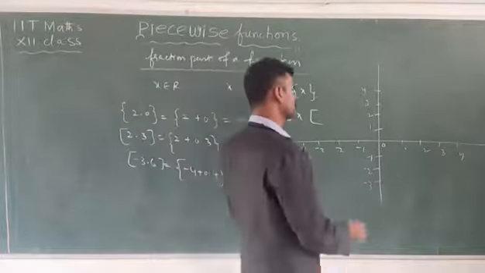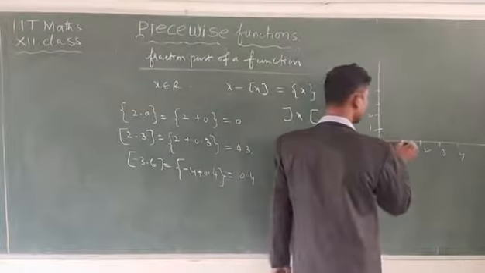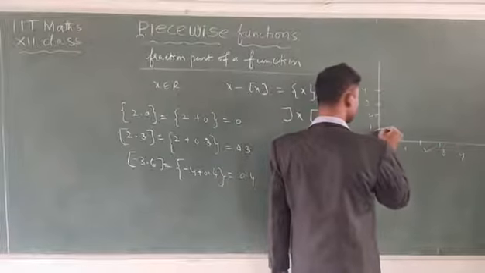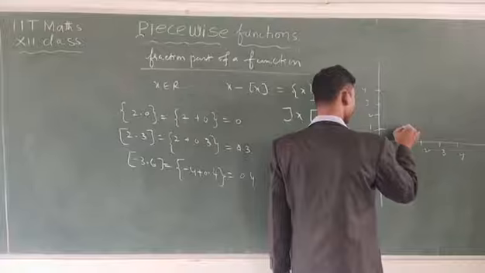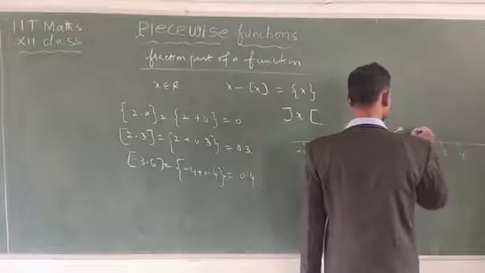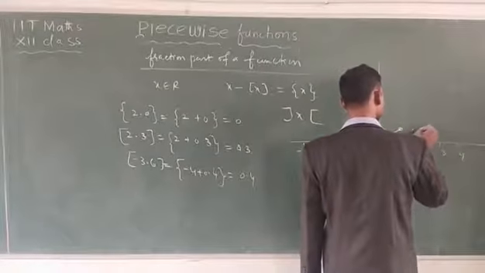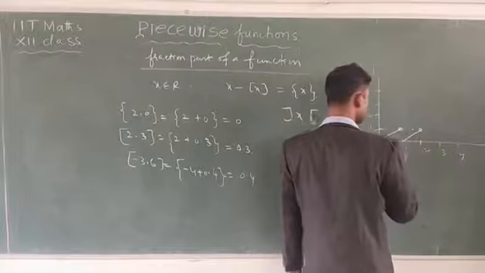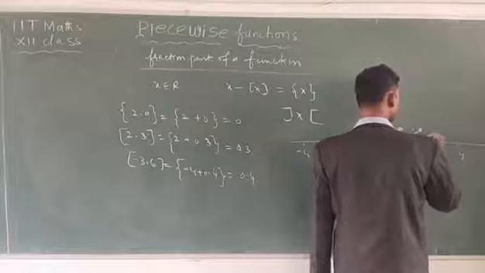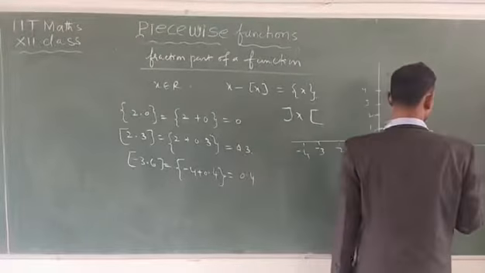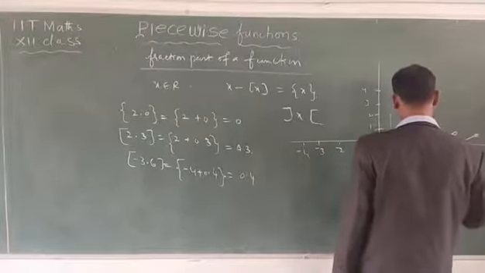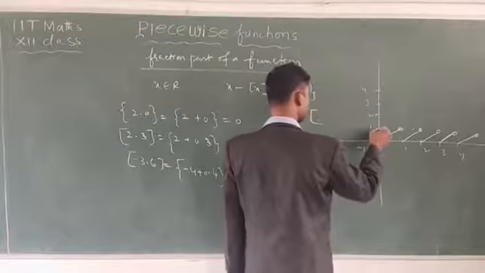You can take 0.1 up to 0.9. Any side you can take, up to 0.9 only, this side also.